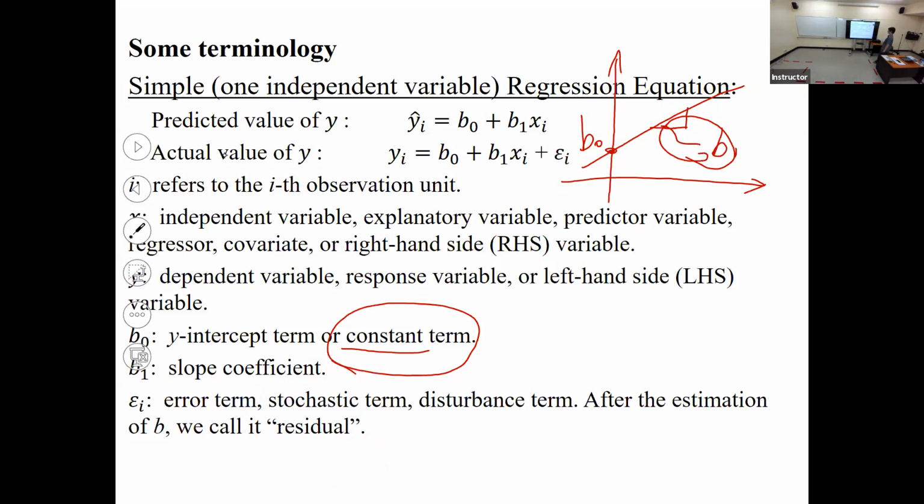The value of y is to some extent explained by x through these coefficients, but because of error, not perfectly predicted. That portion of y that is not explained by x, we call it residual. So it is the same as error term, but the context is a bit different. After estimation, it is not yet explained. That is the idea behind this term.